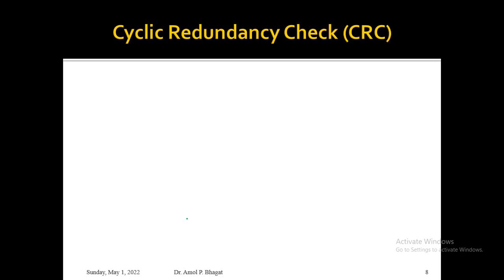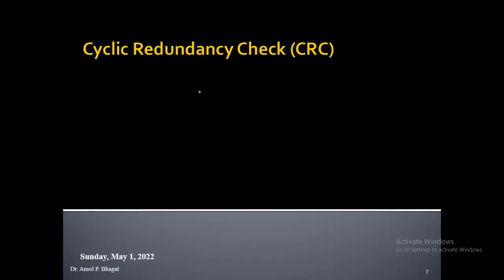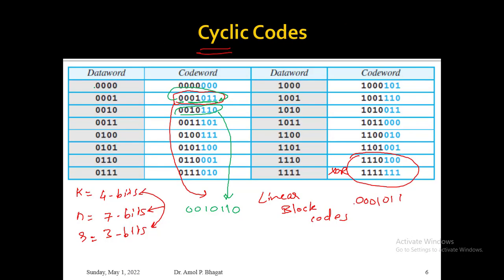In the case of these cyclic redundancy check codes, at the sender side you have an encoder, and at the receiver side you have a decoder, right? As you can see in the previous table, the length of the data word was 4 bits.